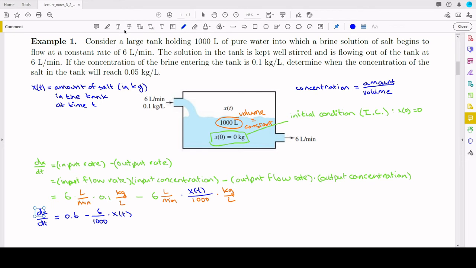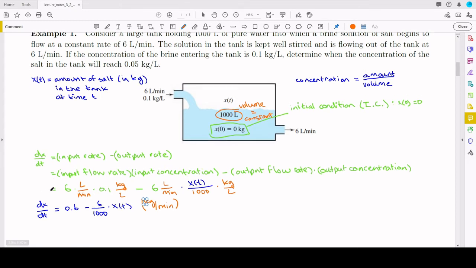And the units, as mentioned before, are kilograms per minute. And that makes sense because x is a quantity that's expressed in kilograms, and t, that's time, which is measured in minutes here. So the rate of change will be kilograms per minute.